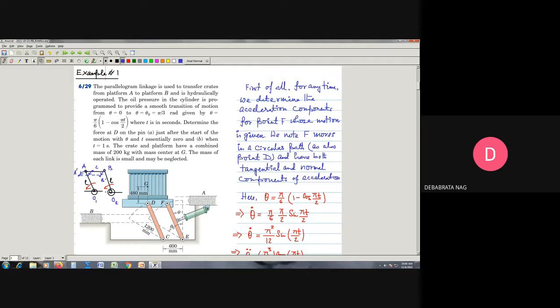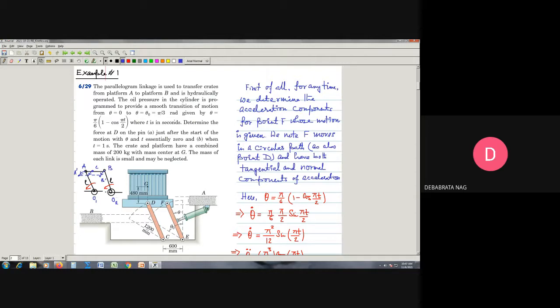Theta is the angle made by this driving crank with the vertical line through the point E. Obviously when theta equals 0, the entire assembly is vertical and the crate is at platform A. It moves from theta equal to 0 to theta equal to pi by 3, meaning a 60 degree rotation is required in order to transfer this crate from this one to this one.